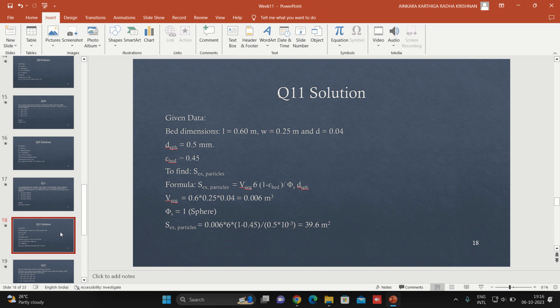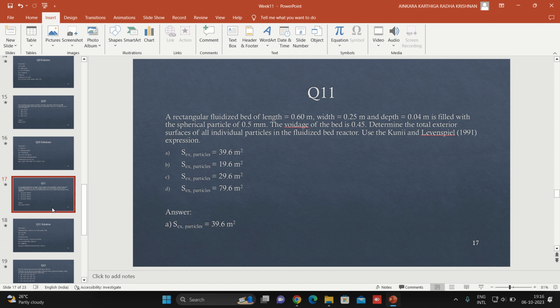So we know the total exterior surface area of the particles formula as this, that is V segment, the volume of segment, into 6 into 1 minus epsilon bed divided by phi s into d sphere. On substituting all the given things in the above formula, we are getting the perfect answer. That is 39.6 meters square, which is option A. So option A is the right answer.